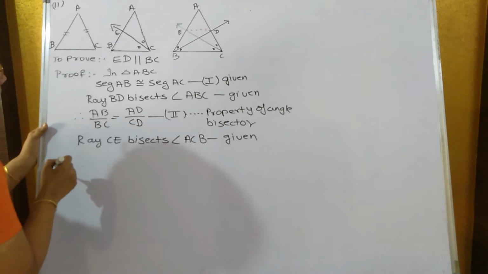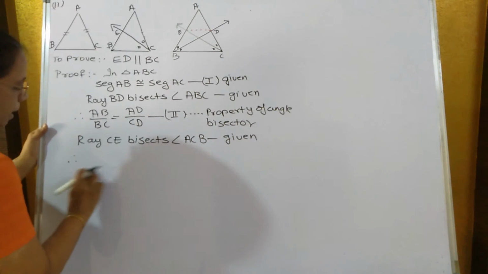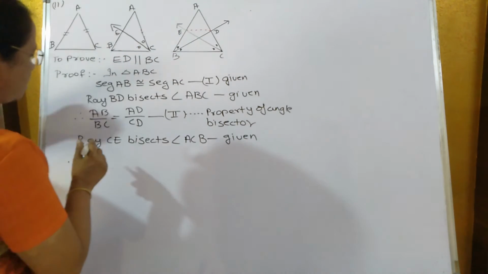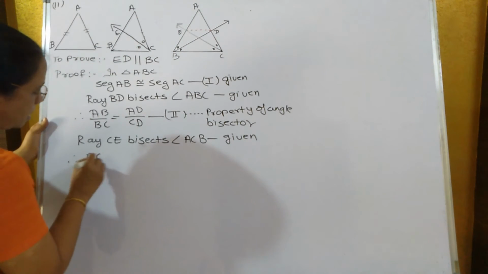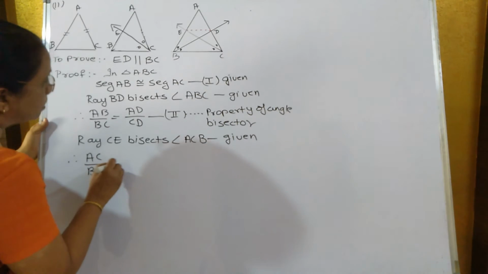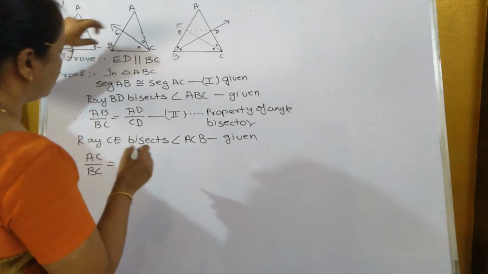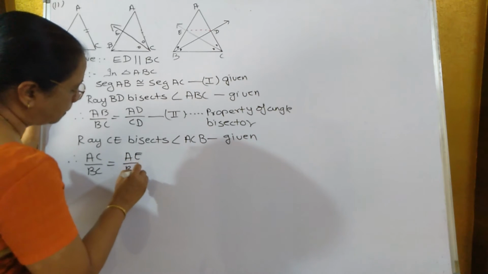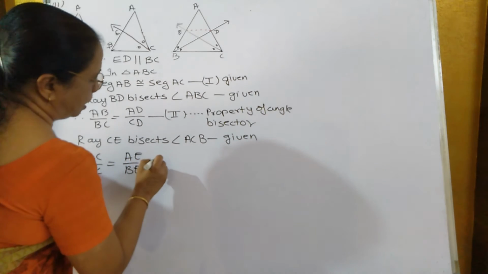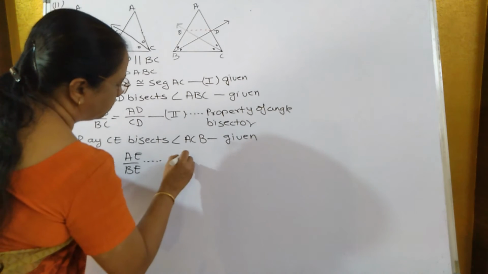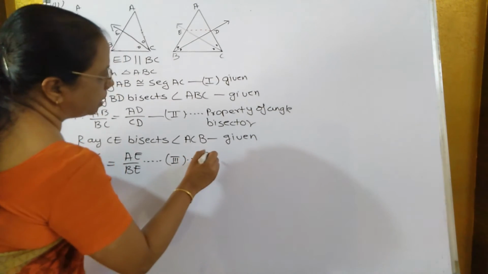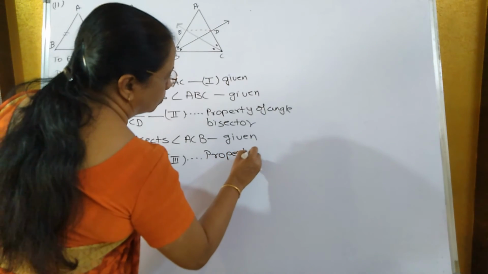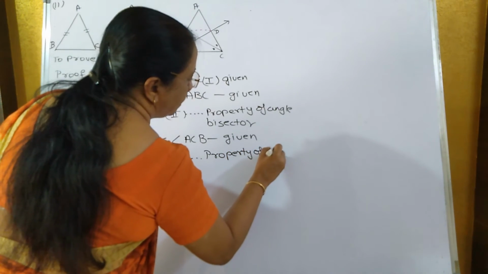Then by property of angle bisector, what will you get? AC upon BC is equal to AE upon BE. Let us take that as 3, by property of angle bisector.